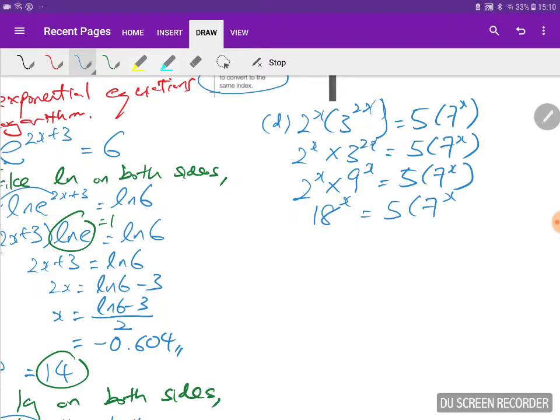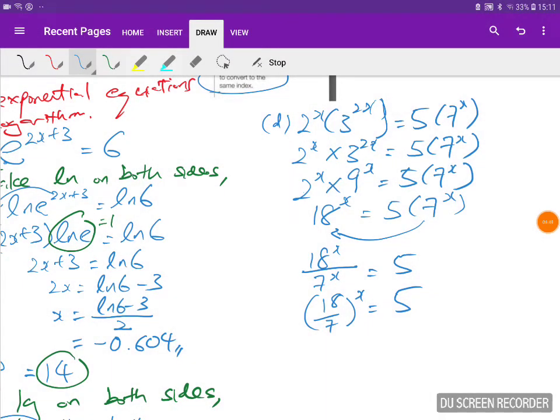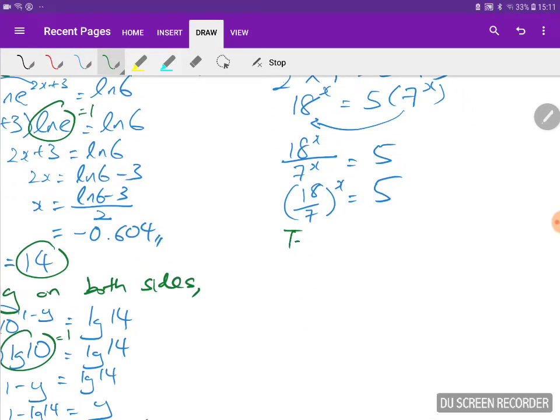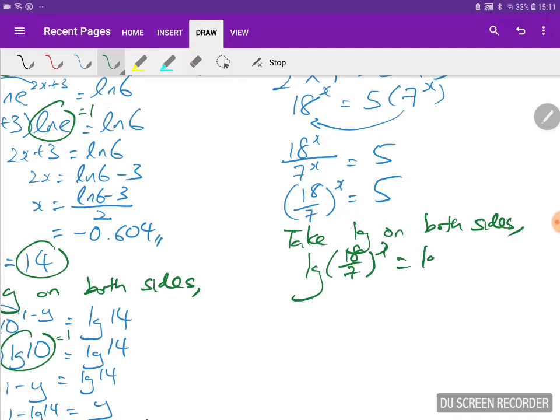What you can do is shift this over, so it'll be 18 to the power x over 7 to the power x equals 5, which is actually (18 over 7) to the power x equals 5. So how do we solve this equation? You can just take log on both sides. So log (18 over 7) to the power x equals log 5.